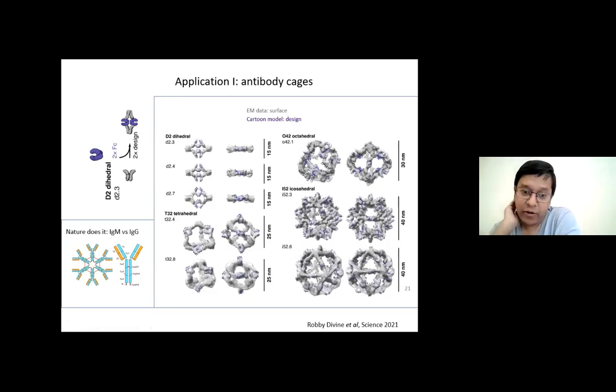When Robbie made this using both naturally existing antibodies and laboratory-made proteins, and built all these virus-looking structures, he was able to fight even COVID, and even in cancer he was able to give very strong protection against a lot of these diseases. He basically used the tools that we developed.